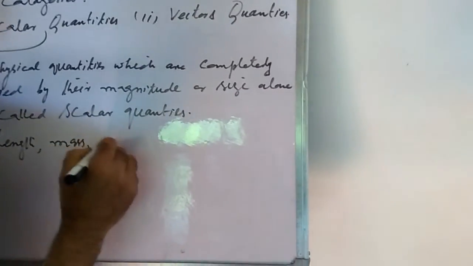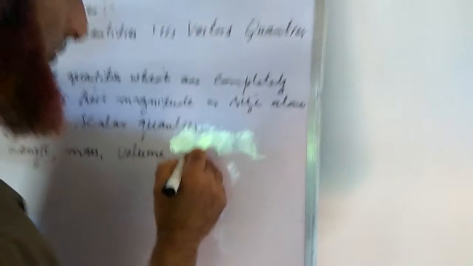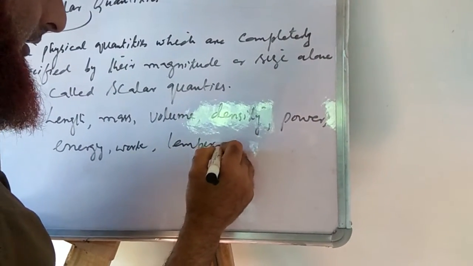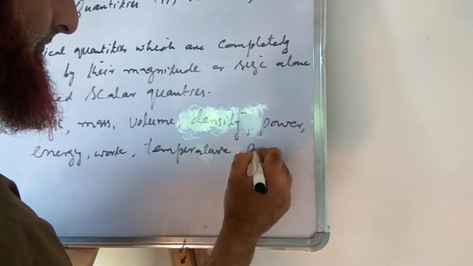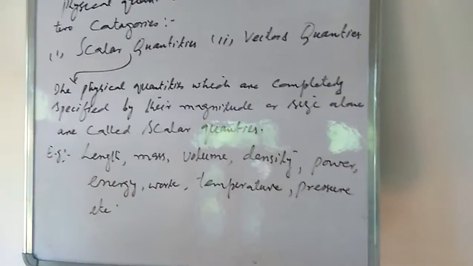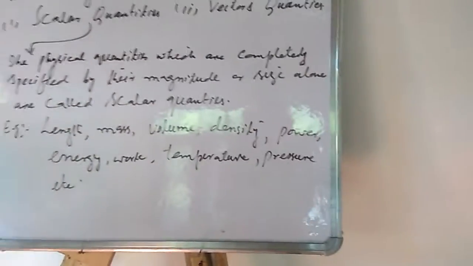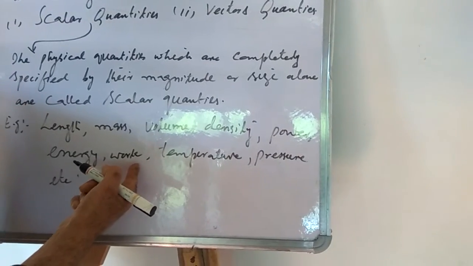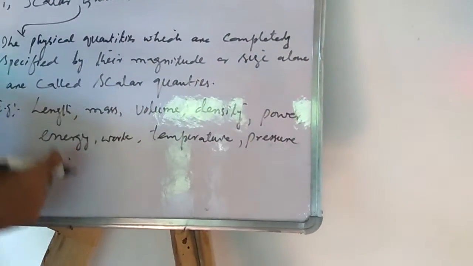Example: length, mass, volume, density, power, energy, work, temperature, pressure, etc. That means these physical quantities, length, mass, volume, density, power, energy, work, temperature, pressure, etc., are known as scalar quantities.